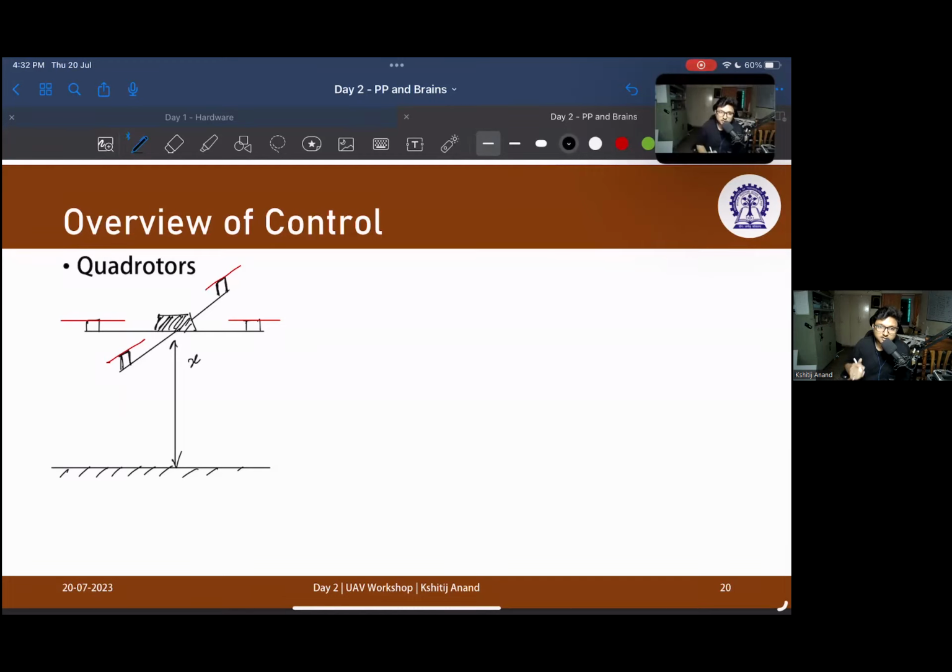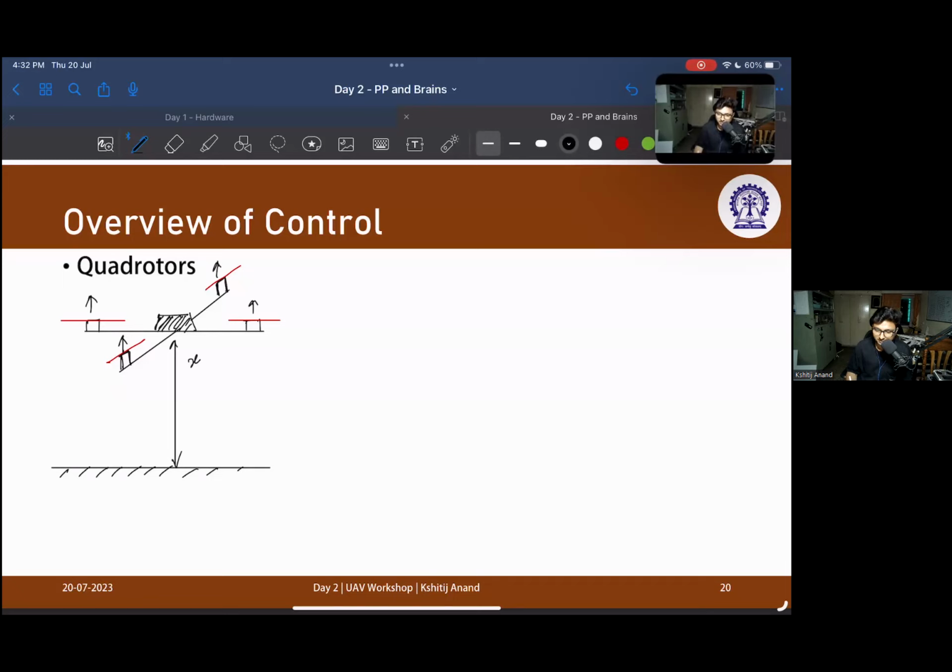So again, what are the things that you need to identify in a system? The state, the system, and the inputs. So what is making it move up and down? It is these forces from these three motors, right? So these will be my inputs, and x and x dot are going to be my state vectors, right?